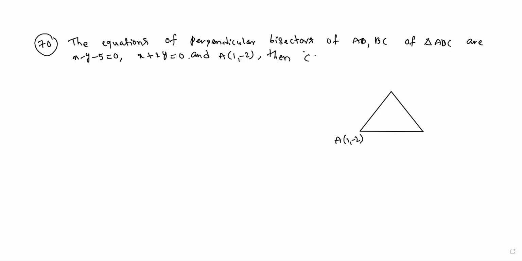The given perpendicular bisectors are for these two sides, for side AB, and similarly for side BC. This line is x minus y minus 5 equal to 0. This line is x plus 2y equal to 0, because these two are the perpendicular bisectors of side AB and side BC. Now we need to find which one first, the point C.